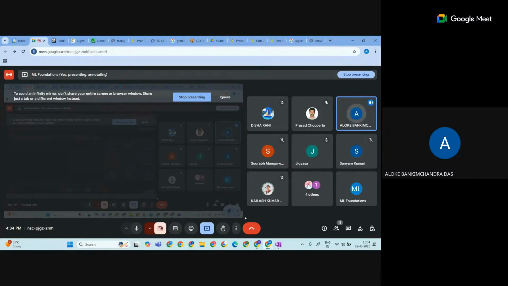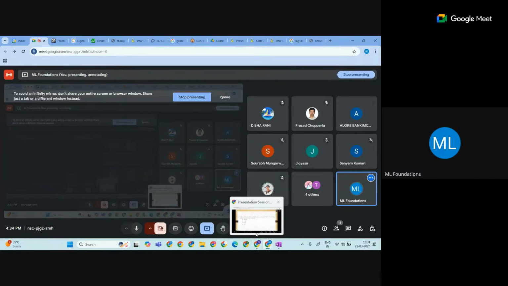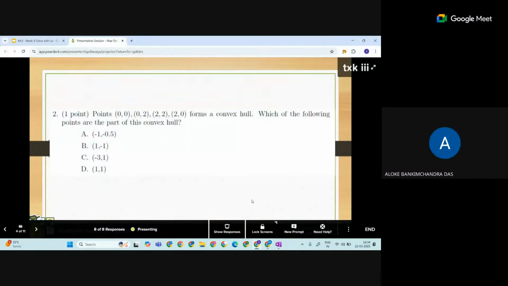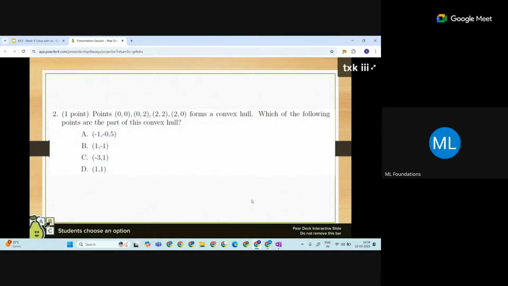None of them are within this boundary, except the last point. That is what I mean to say. First try yourself, then it would be good. I'll do it and put it in the Discord.